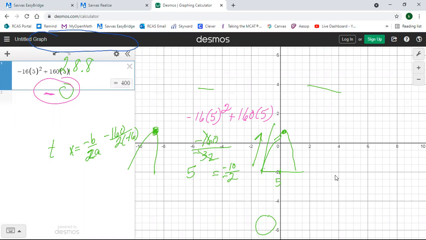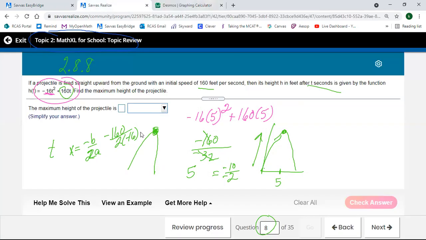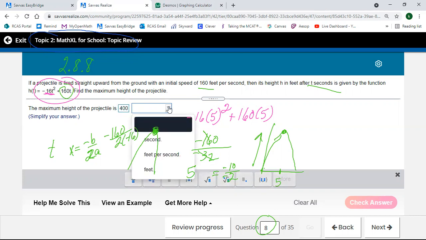So if I go and put that 400 in for my answer. So the maximum height of the projectile is, I said 400, I believe. And the pull down, that is 400 feet.